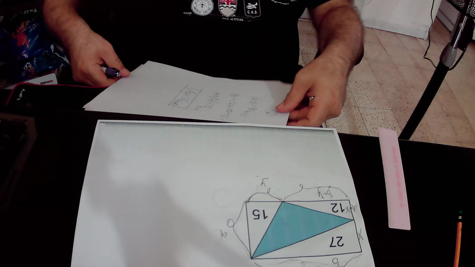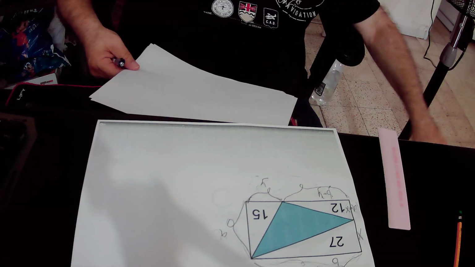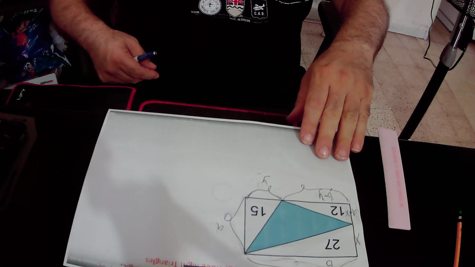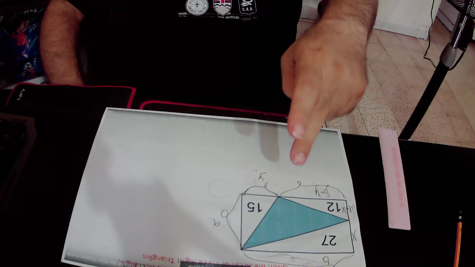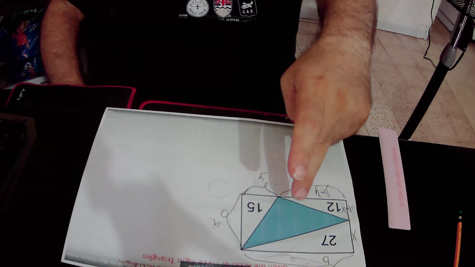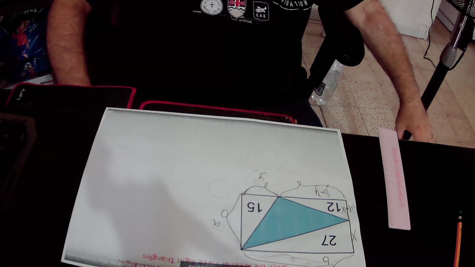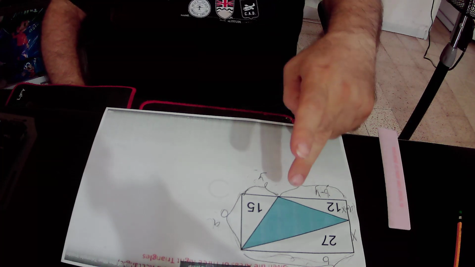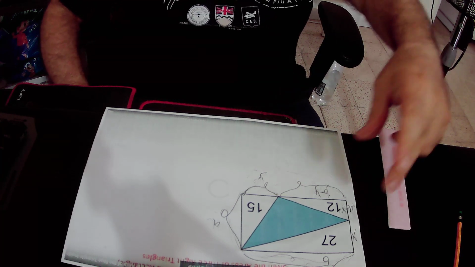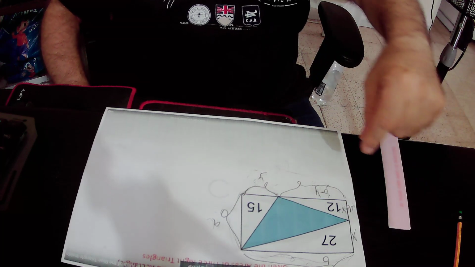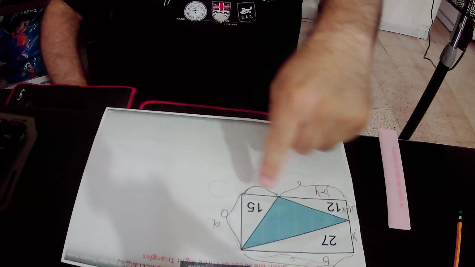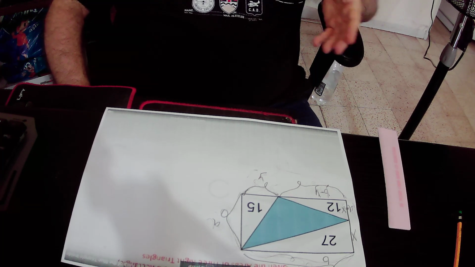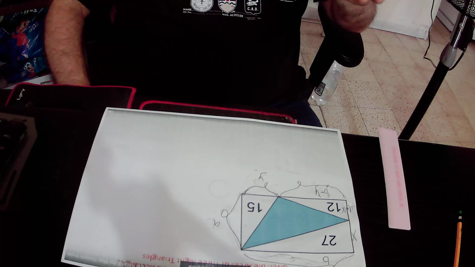Okay, so we can summarize the lecture. We wanted to find out the area of the blue triangle, and as I already told you during the lecture, the area of the blue triangle equals to the area of the rectangle minus the area of the three right triangles that are given to us.